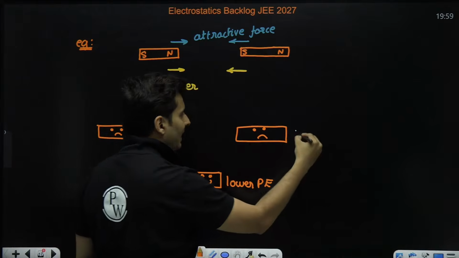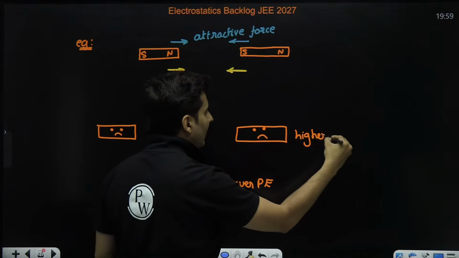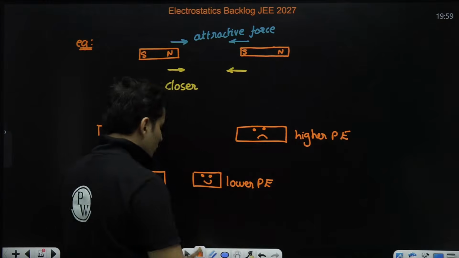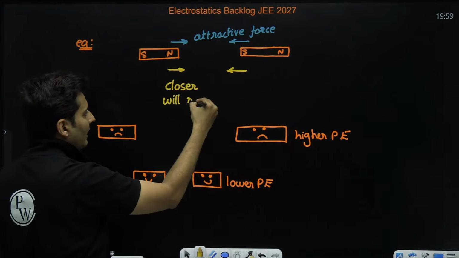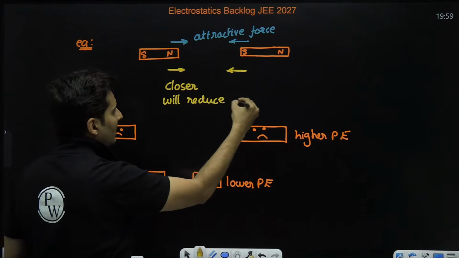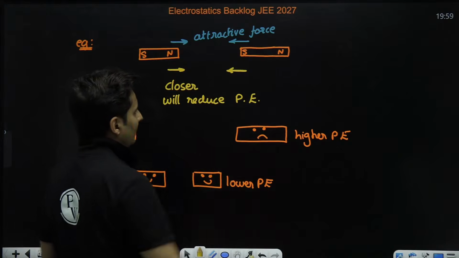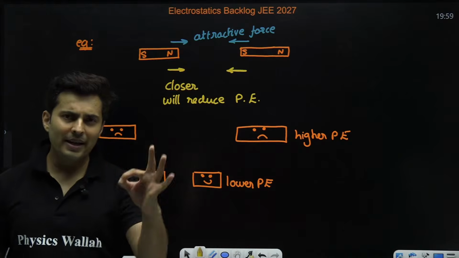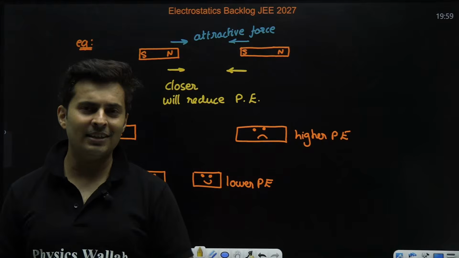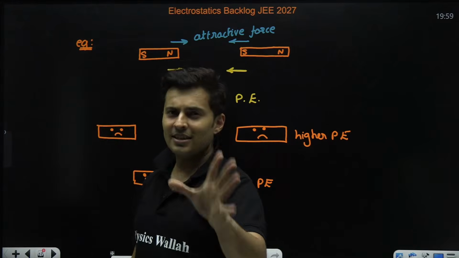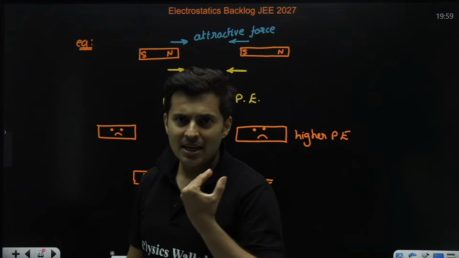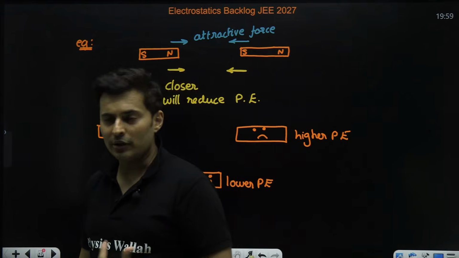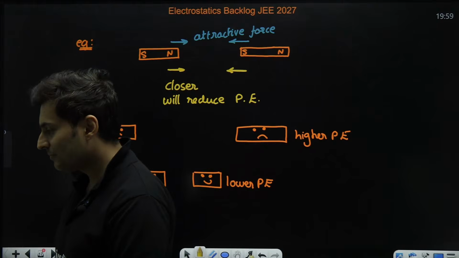When they are sad, that means higher potential energy. So obviously bringing them closer will reduce their magnetic potential energy. Is it now very simple to compare the potential energies of any configuration? Just see whether they are happy or sad. Are they okay about it, or comparatively not okay about it?